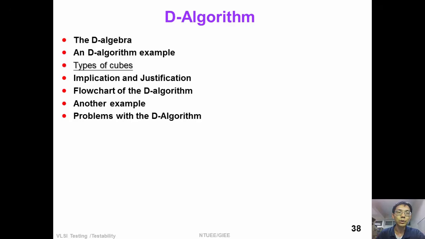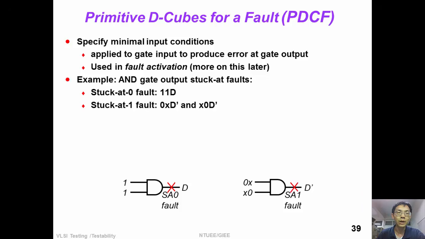After this simple D-algorithm example, we would like to show you all the types of cubes that we need to use in the D-algorithm. First of all, we would need a primitive D-cube for fault activation.